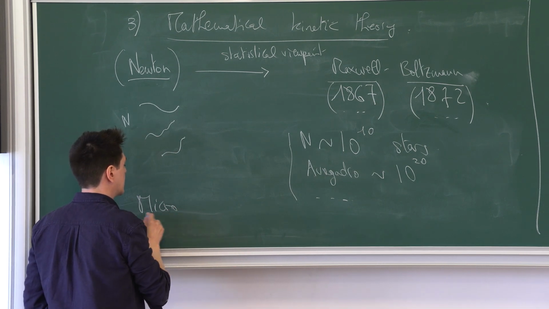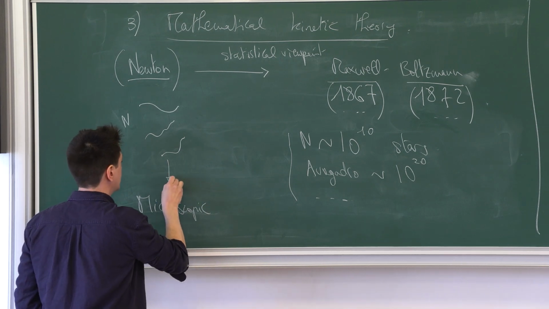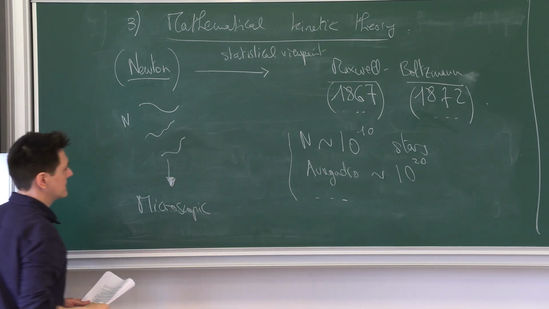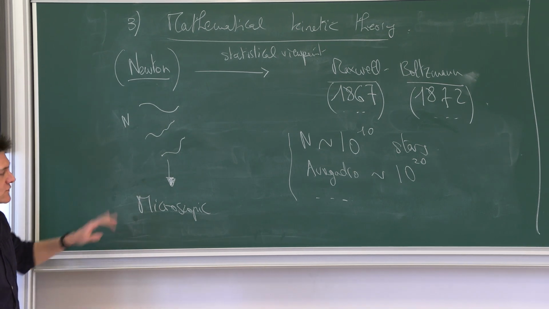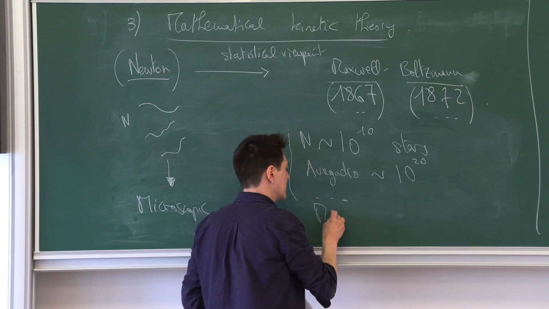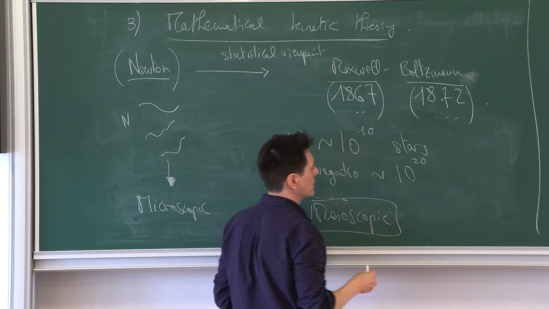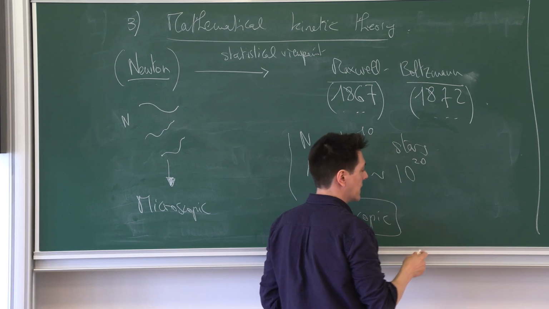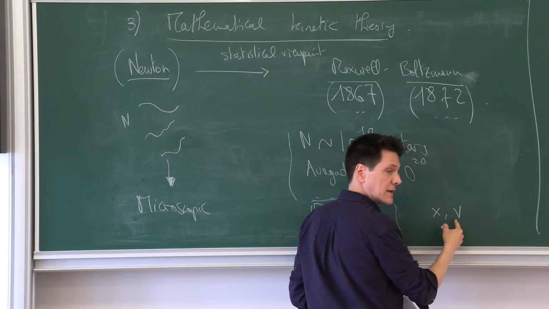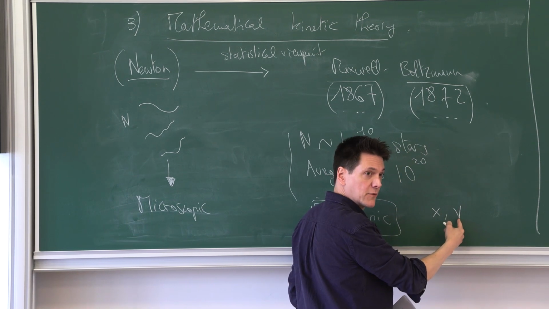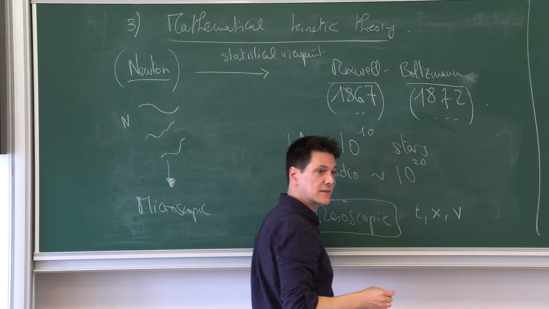So the picture after these papers and many others becomes like that. You have the microscopic world, this is the sort of beautiful world of Newton that we never have access to. You have the mesoscopic scale, which is the world of kinetic theory, where at a given point in space, you look at the distribution in this kinetic variable velocity of your agents, particles, stars, and everything, and you look at how it evolves in time.